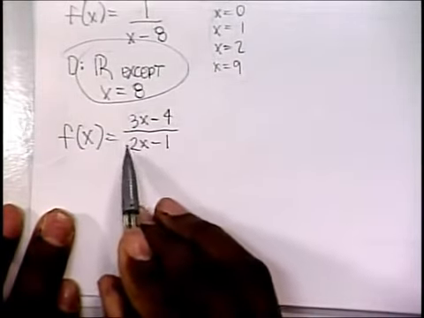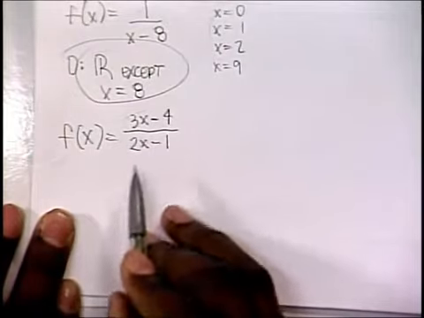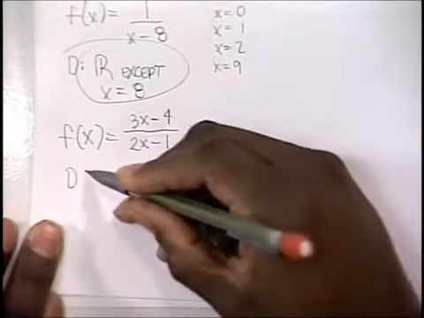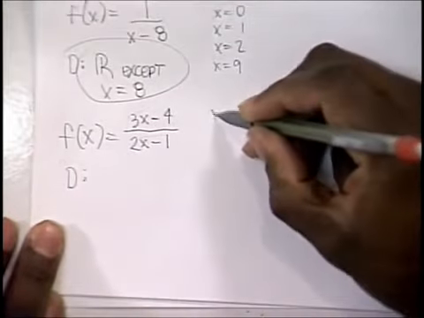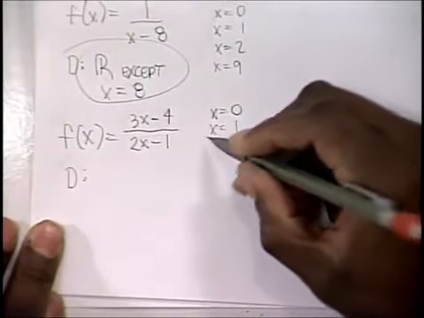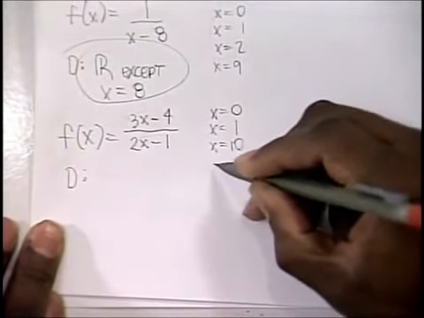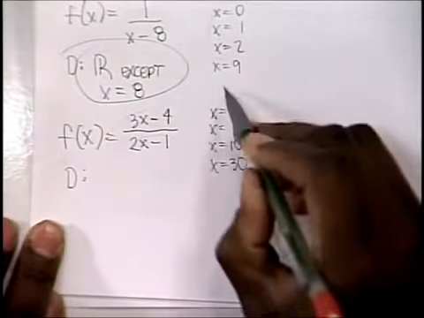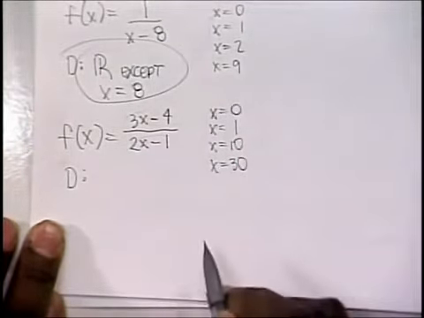The denominator can be anything in the world except for 0. So rather than say that x can be 0 and x can be 1 and x can be 10, x can be 30, don't do that. You're wasting time. This list is infinite.